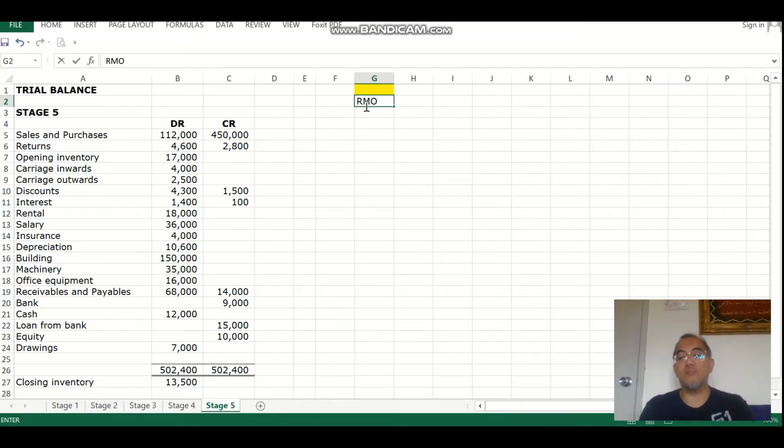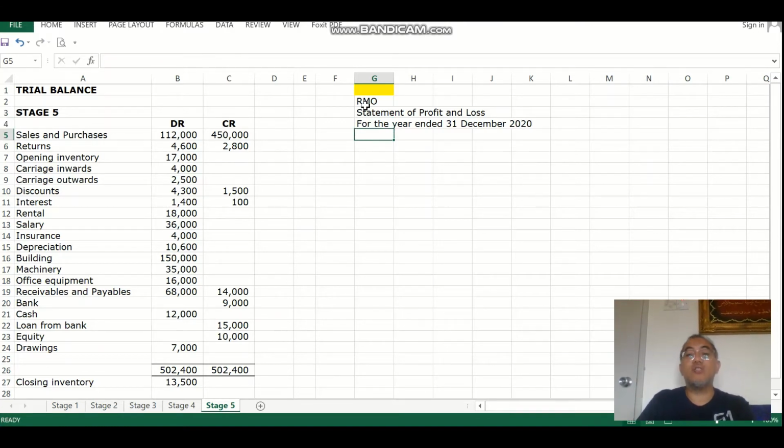RMO, Restricted Movement Order, and we are doing the statement of profit and loss for the year ended 31st December 2020. I don't need to explain further regarding the labels, you should know by now. So this is RM.